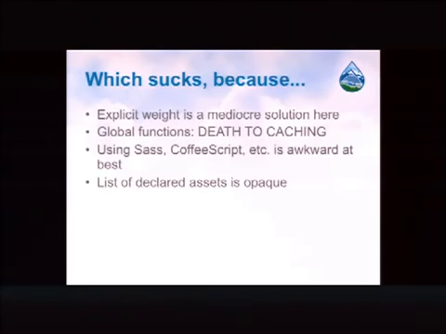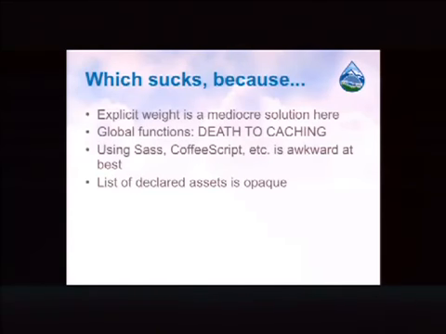Having a weight that makes you get added after jQuery accomplishes that, but it also means that there might be a whole bunch of other things that you are weighted after that you don't actually care about. You have a bunch of unrelated JavaScript that is still an explicit weight ordering and ends up having significant effects on how we can do aggregation and bundling. So explicit weight is a very mediocre solution.